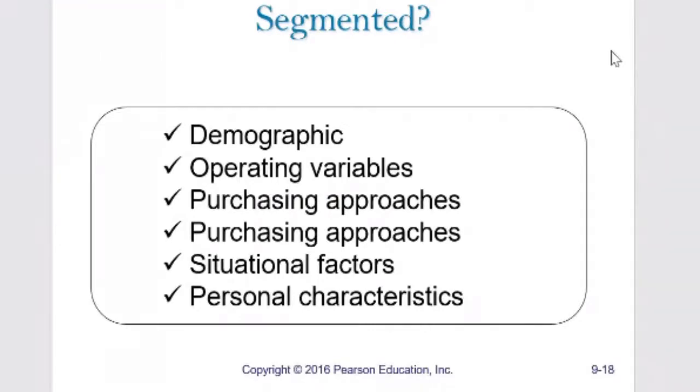Then the next is specific application, that is, certain applications of the product rather than all applications. We would be looking at only certain types of application vis-a-vis all types of applications. And the size of the order: is the order size small, medium, or large? That falls within the situational factor of segmentation.